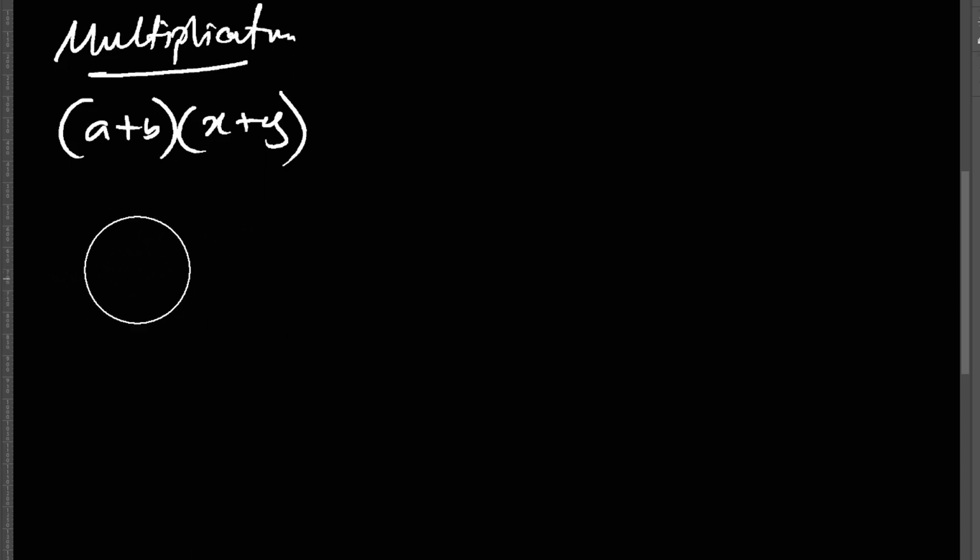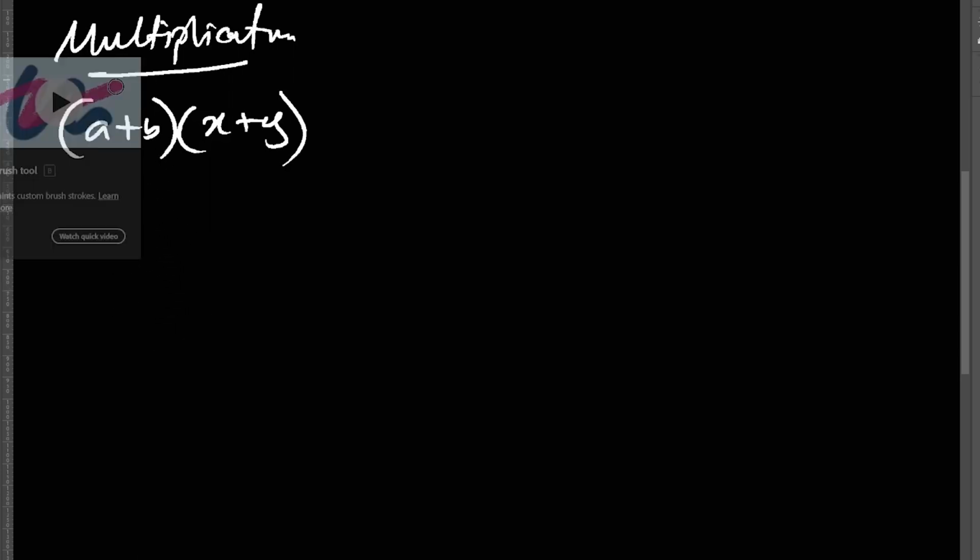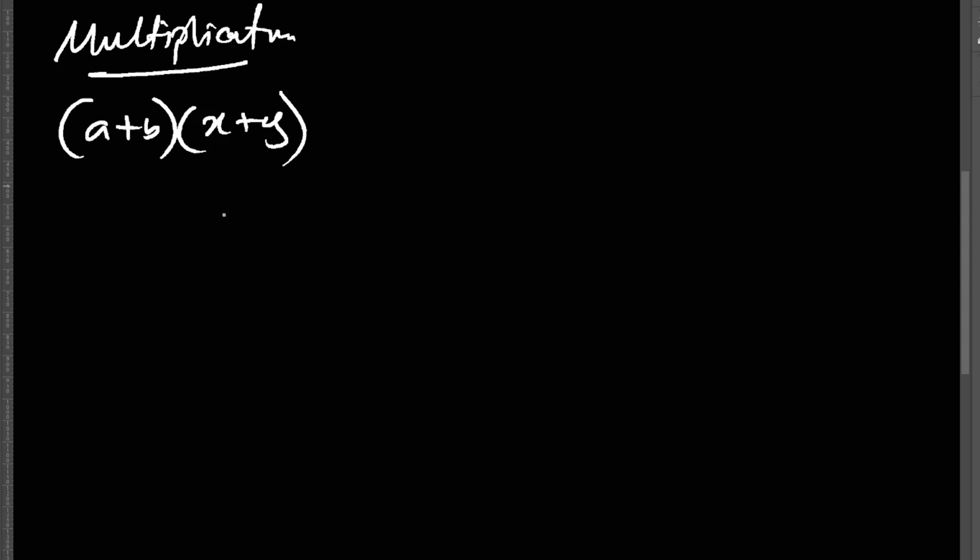If that should be the case, we can go back to our question. We have a plus b times x plus y, so we distribute a plus b over x plus y. So I have a into bracket x plus y, then plus b into bracket x plus y.